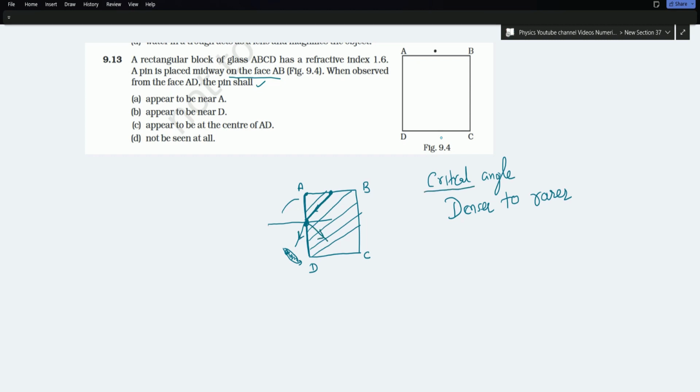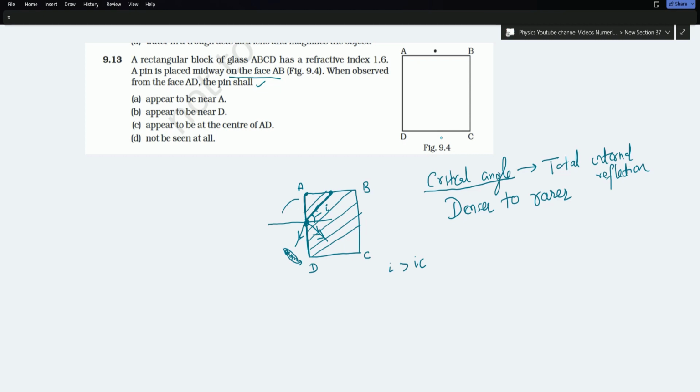The concept of critical angle is associated with what is called total internal reflection. The ray will get reflected inside if the angle of incidence is greater than the critical angle. This angle, which the ray makes with the normal, is the angle of incidence. If it becomes greater than the critical angle, the ray will not come out but goes back inside the medium.